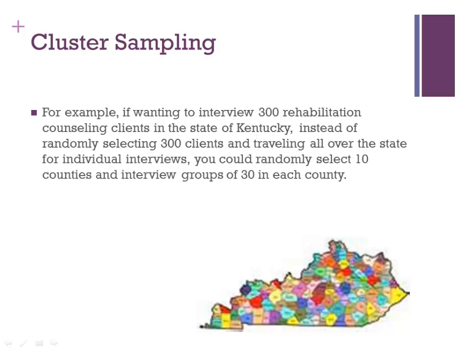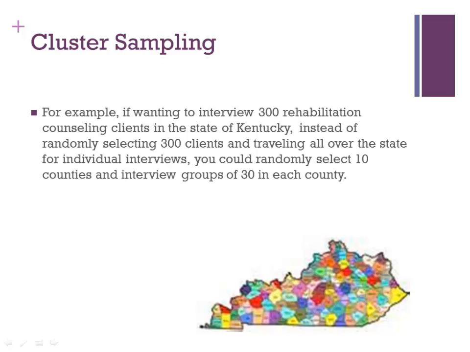This is a map of Kentucky with its many counties within it. Let's say I was wanting to interview 300 rehabilitation counseling clients in the state of Kentucky. And if I did a random sample of 300 clients and I was going to meet with them all face to face to do an interview, I would be going all over the state randomly, right?